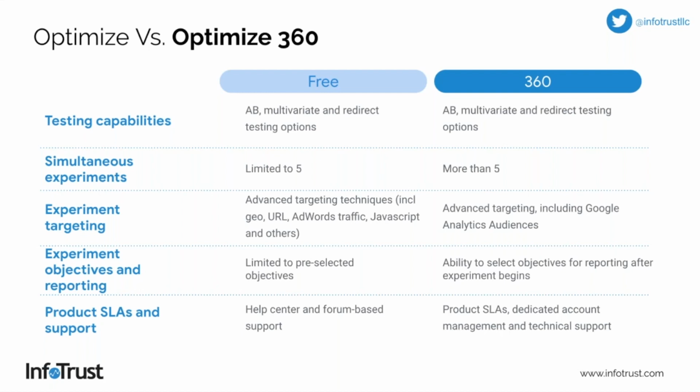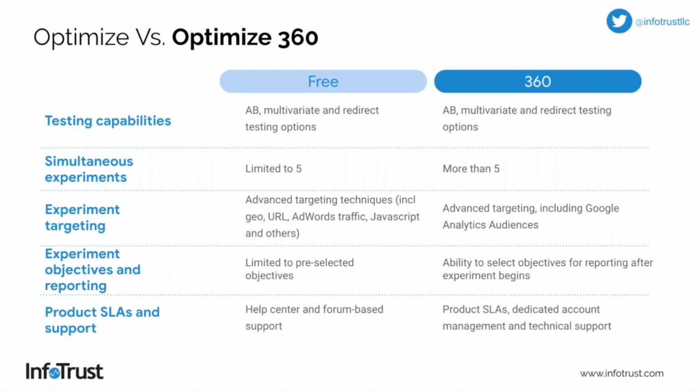And with the 360 version, you can run many more experiments at a time than that. In terms of targeting, there are some differences between the free and the 360 version. The 360 version also gives you the ability to target users in Google Analytics audiences that you've built.